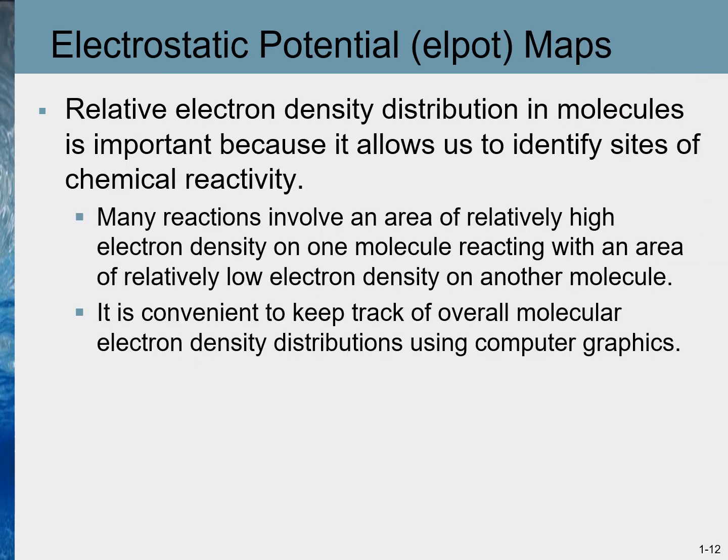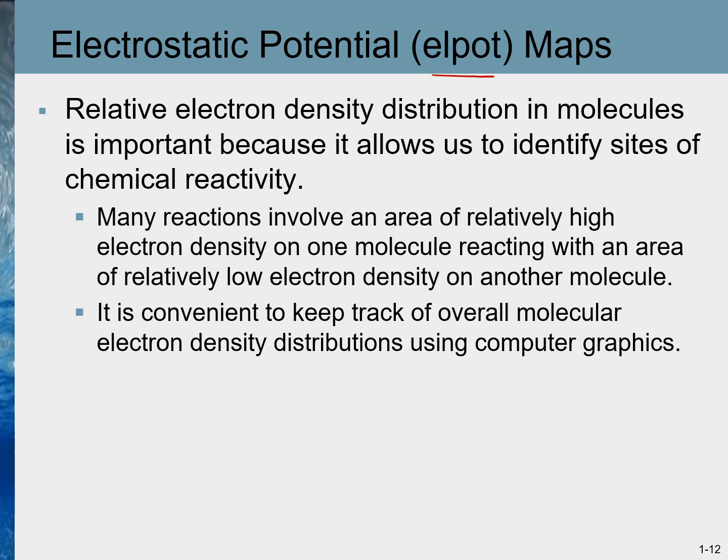The electron charge densities in a molecule can easily be computed by modern computer programs such as Spartan. These electron density maps are called electrostatic potential or elpot maps. These maps show the relative electron density distribution in a molecule.